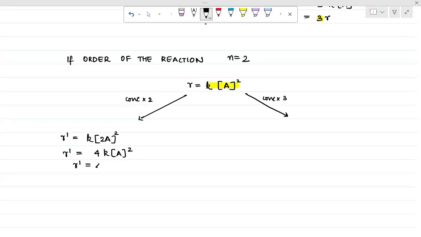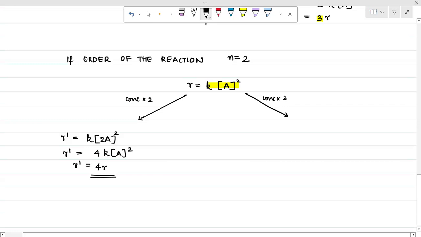R prime is equal to 4 times R. Right? So when you increased the concentration 2 times, your rate has become 4 times. You will get a relation when you do the next example.